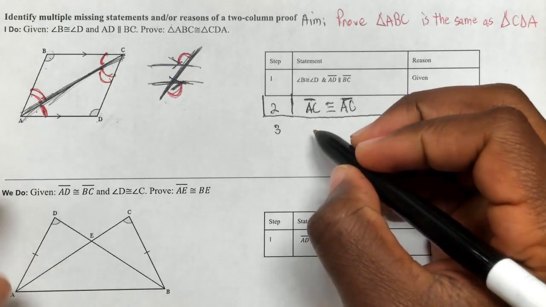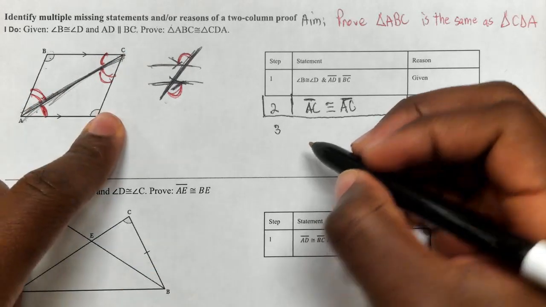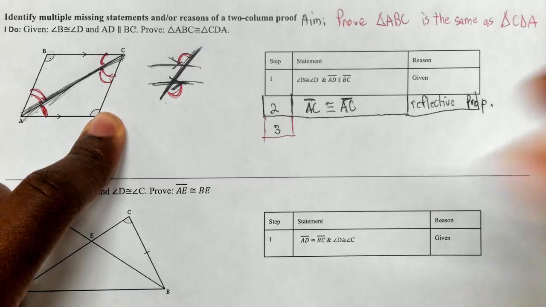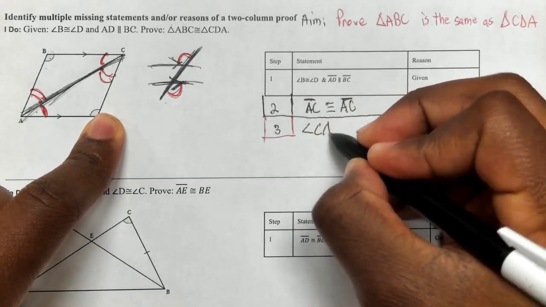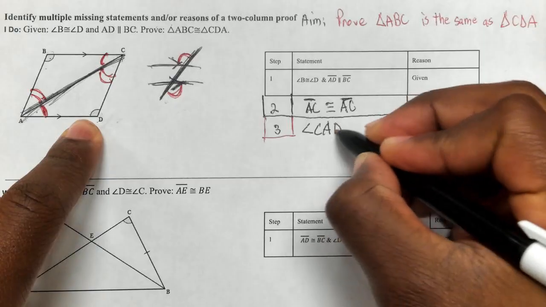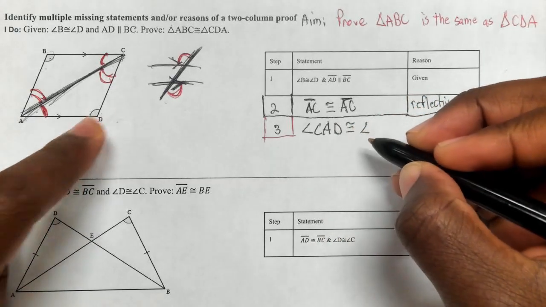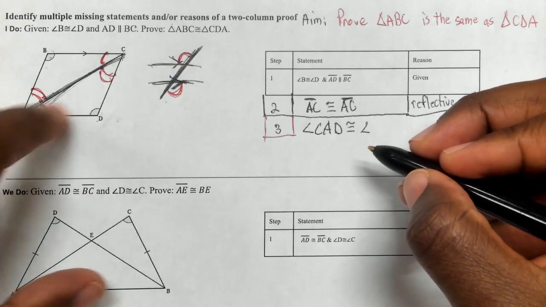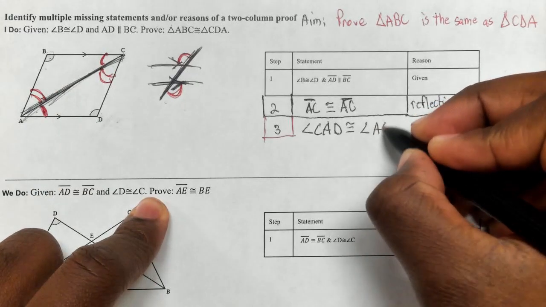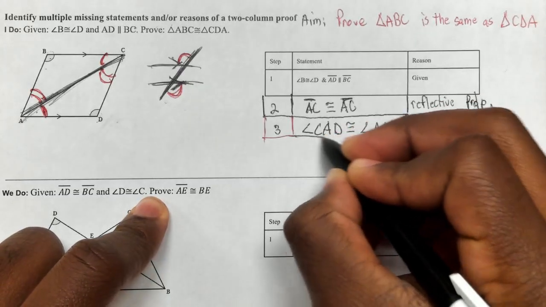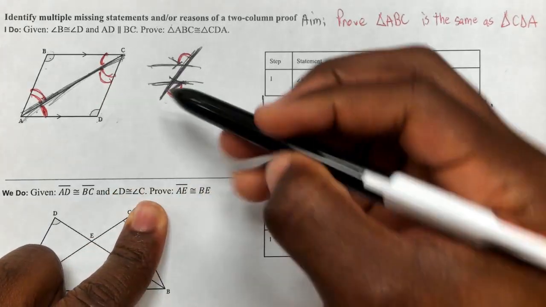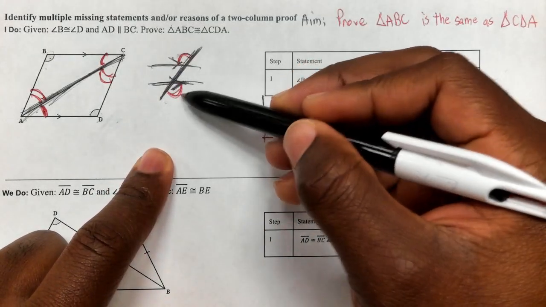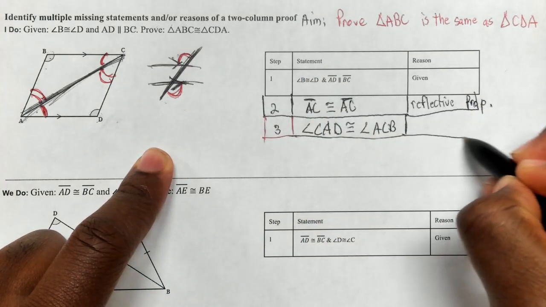So we could say that angle CAD is equivalent to angle ACB, and the reason is alternate interior angles, because these are on the inside, alternate interior.